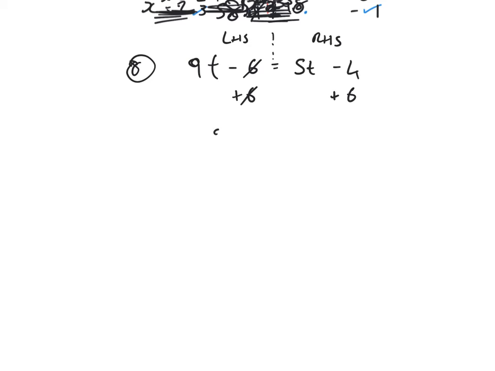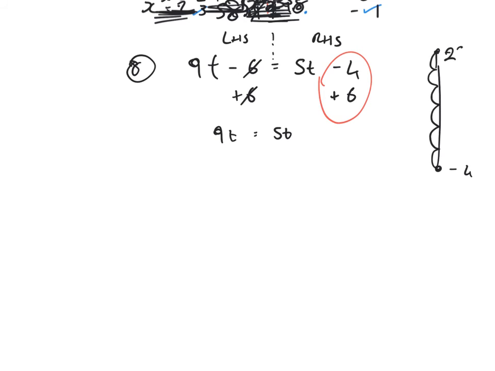Okay, what's left on this side? 9t. What's left on this side? 5t. Okay, just be careful, minus 4 plus 6, so we're down at minus 4 and we add on 6. So use a number line if required with that one, that'll bring me up to 2.